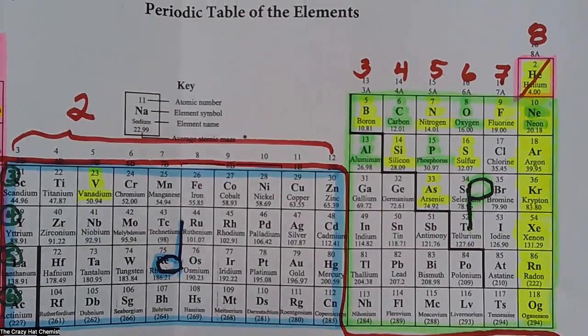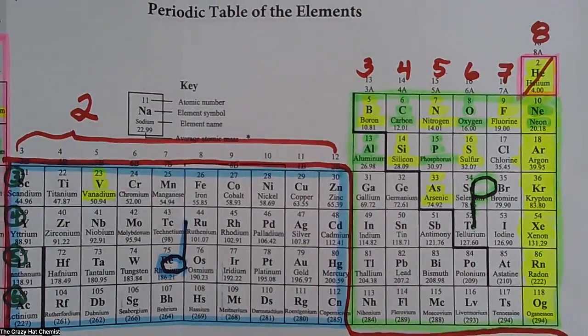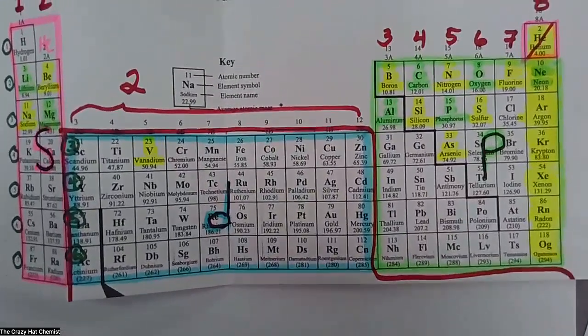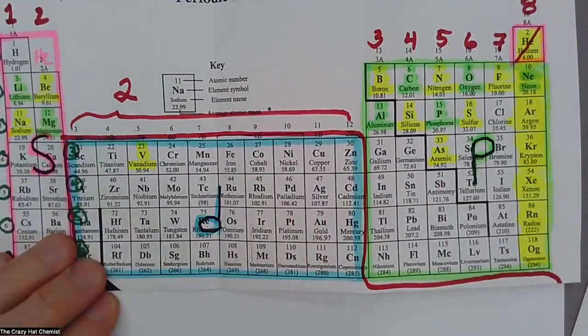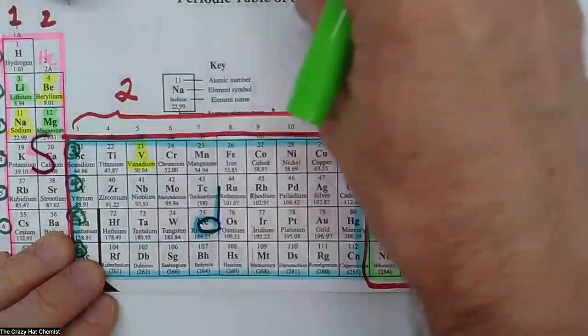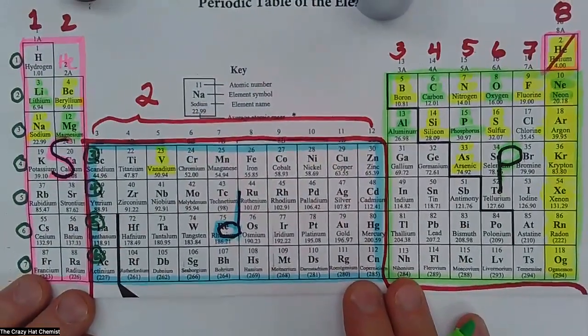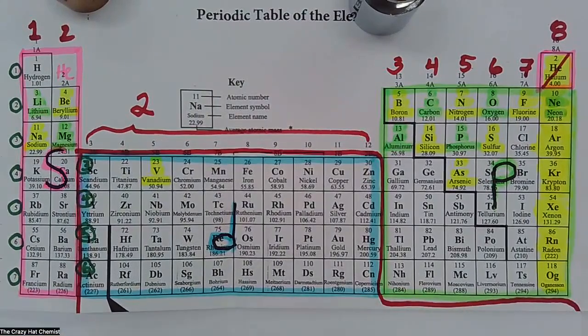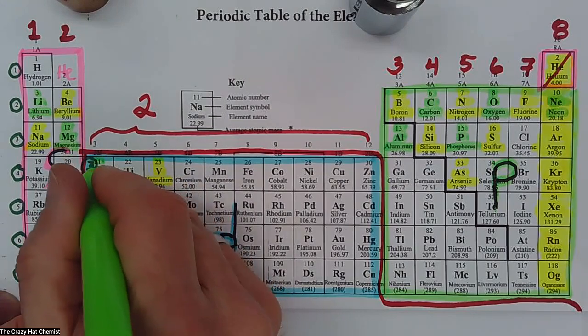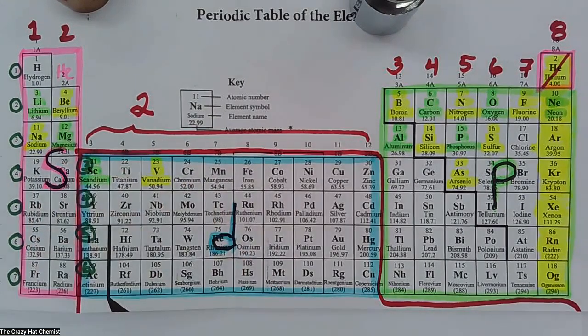So I'm going to zoom out for just a little bit so that you can see this all in one spot. There we go. Perfect. So element number 21 is right here. That's Sc for scandium.